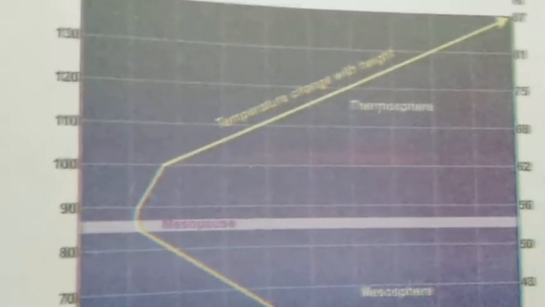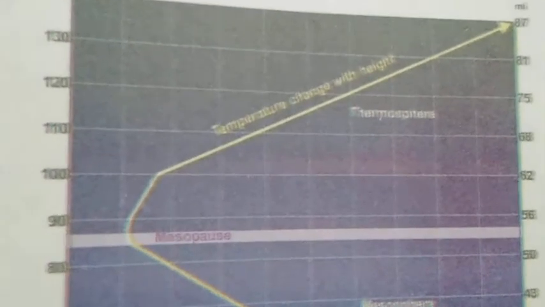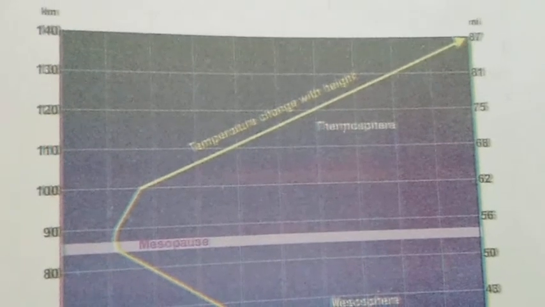As the height increases, temperature also increases. The boundary between the thermosphere and the mesosphere is called mesopause. This layer is also called ionosphere, because it contains electrically charged particles called ions.